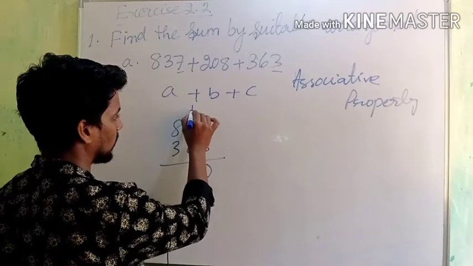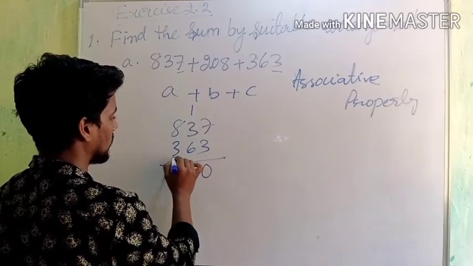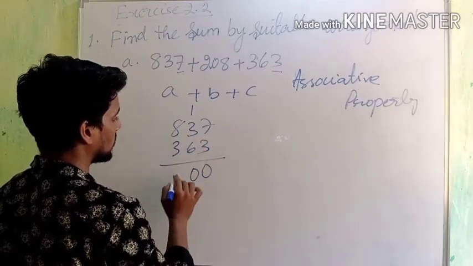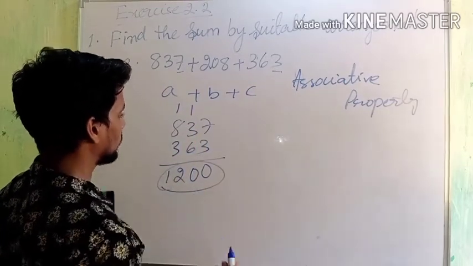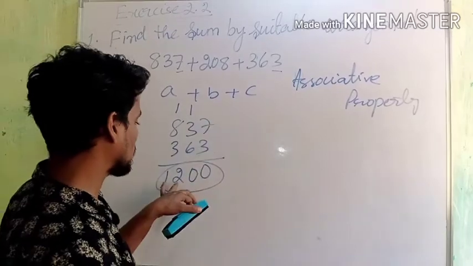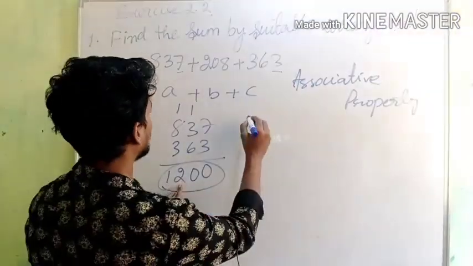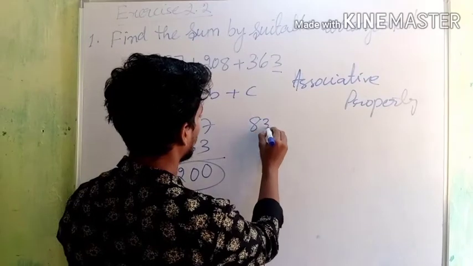I carry 1 here, 1 plus 3 is 4, plus 6 is 10. Then 3 plus 8 is 11, plus 1 is 12. So it will be very easy for me to add the hundreds. I'll arrange in such an order.